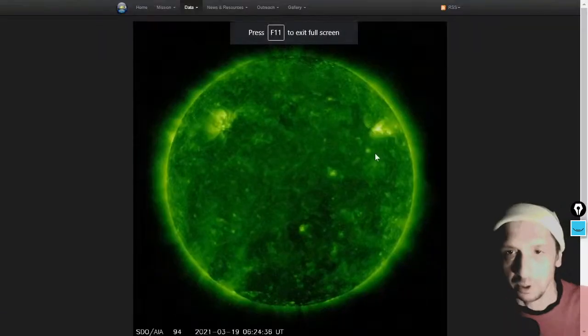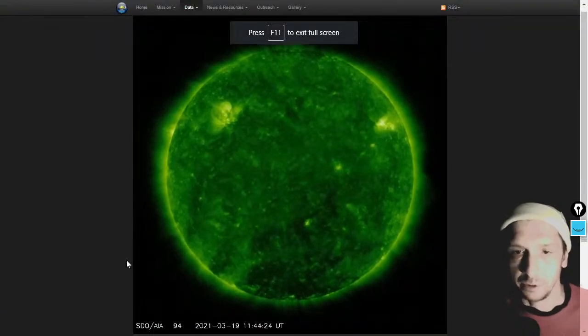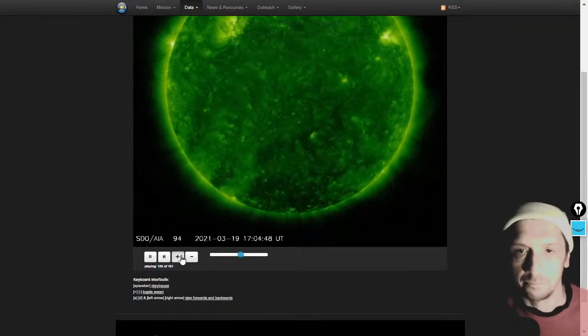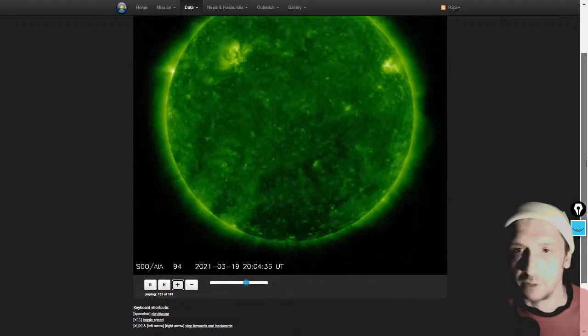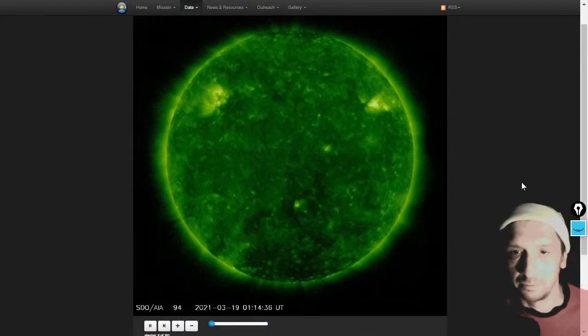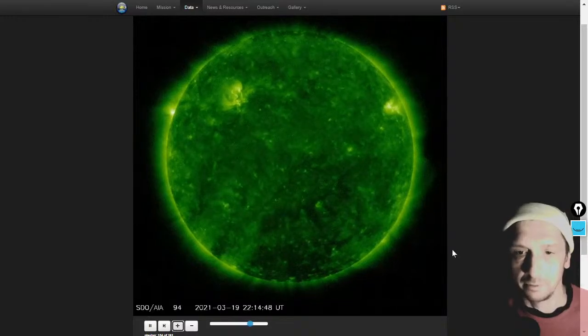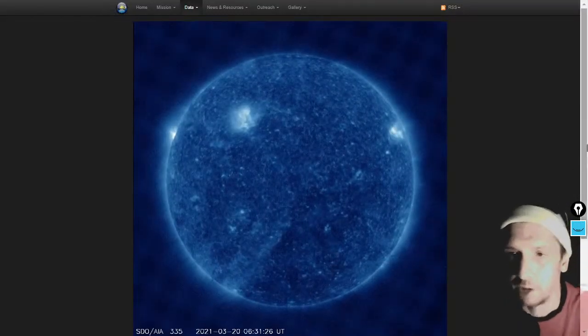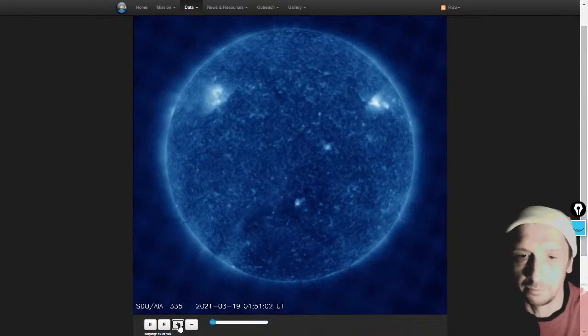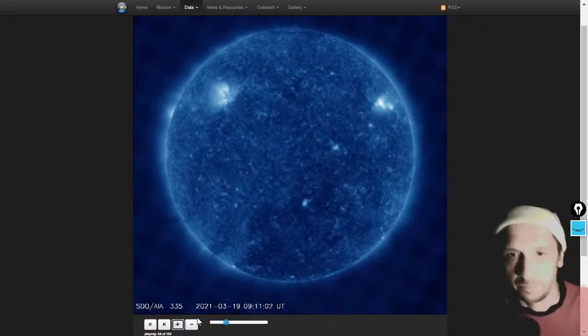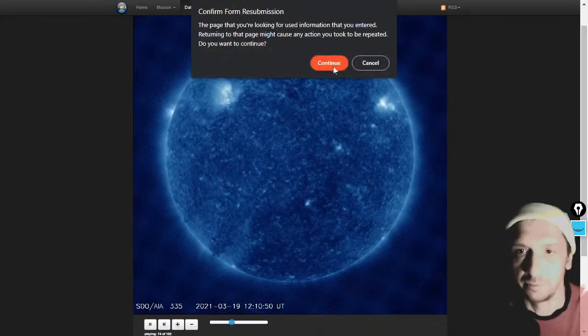And we've got some more animated imagery as well. Here's 94 angstroms. What the heck? Why is it running so slowly? Here's 335 angstroms. I think it needs a refresh.